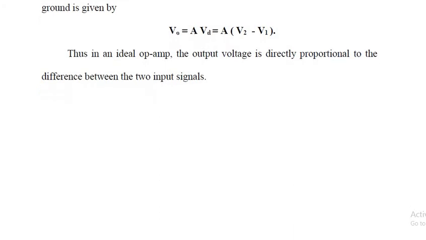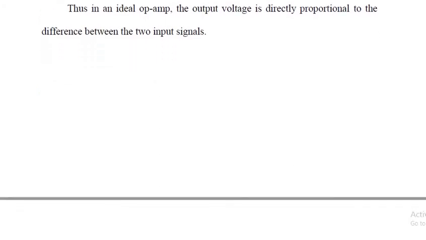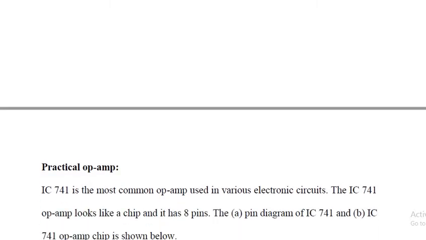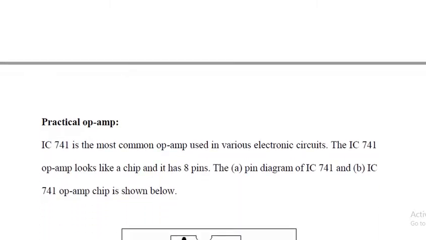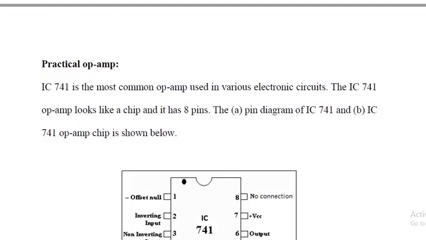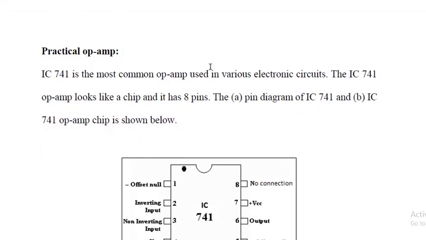Next comes practical op-amp. Practical op-amp is the op-amp that is used in electronic circuits, or used for practical purposes. IC741 is the most common op-amp used in various electronic circuits. What is IC741?